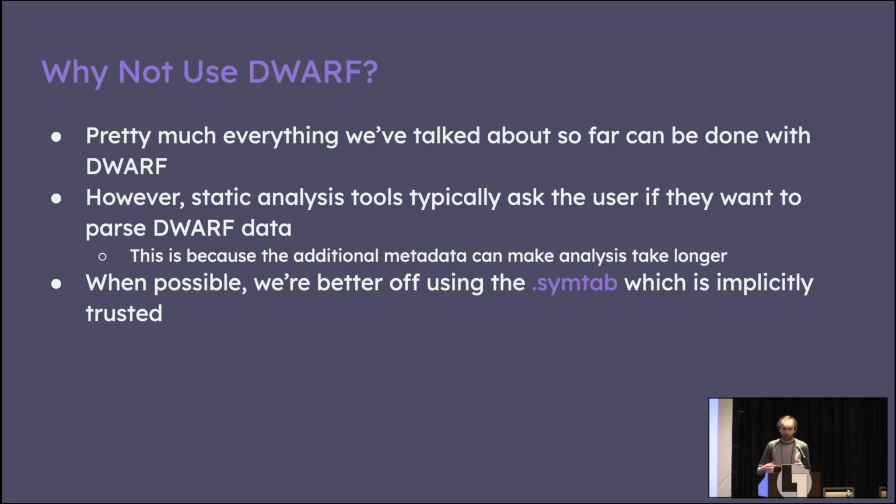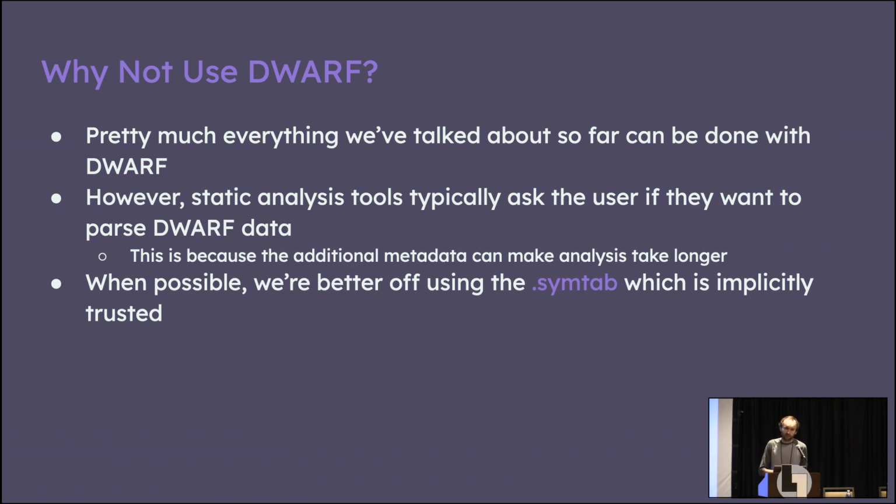With the stuff we've talked about so far, we opted to do it all with the symbol table instead of DWARF debugging. But truthfully, you could do all that stuff with DWARF, and it would probably honestly be more of the correct way to do it. The reason we're not doing that is that static analysis tools have a tendency to be less trusting of DWARF data. I think the reason for this, for the most part, is that it can just take way longer.